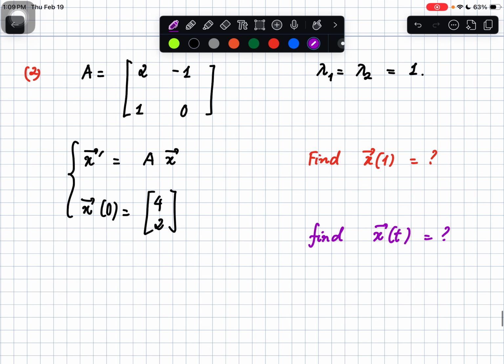We use eigenvalue methods to solve this. So we know the two eigenvalues are 1, the repeated eigenvalues case. So now we find the eigenvectors.